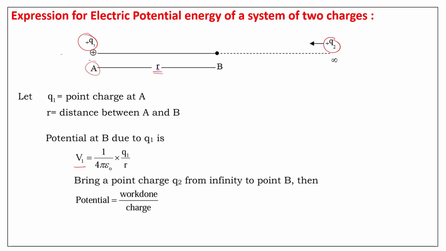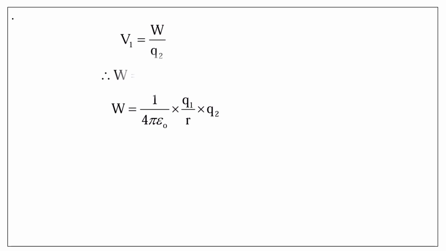Bring a point charge Q2 from infinity to point B, then potential is equal to work done per charge. That is, V1 is equal to W by Q2. On equating, W is equal to V1 into Q2.